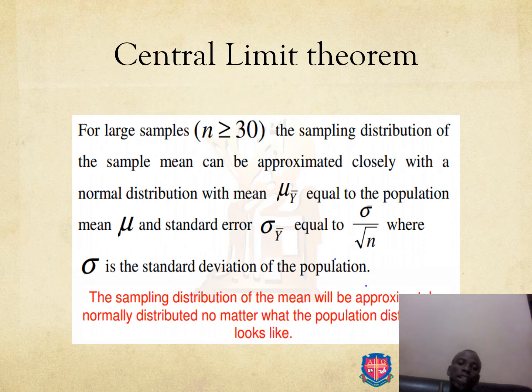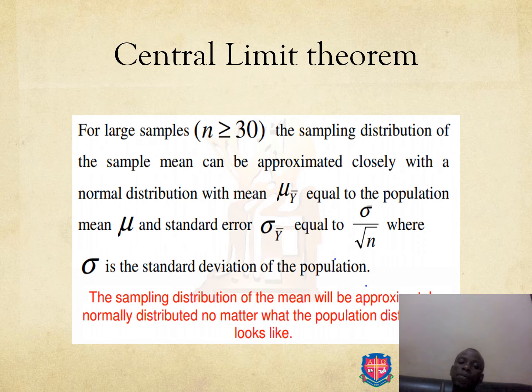It says that for large samples, those samples which are equal to or greater than 30, the sampling distribution of the sample mean can be approximated closely with the normal distribution, with the mean equal to the population mean, and the standard error equal to that.